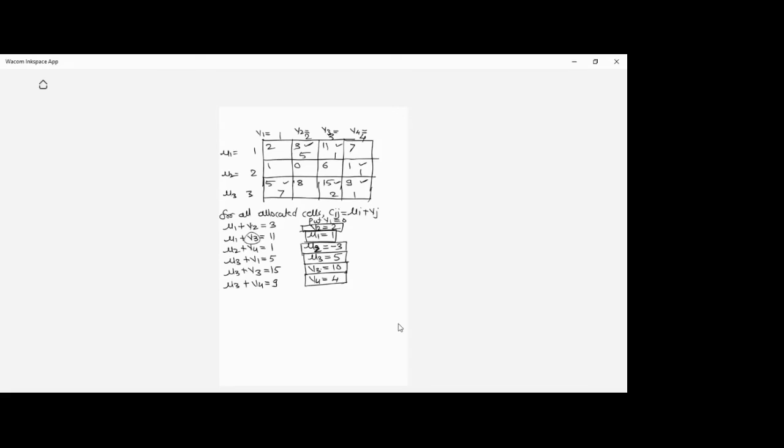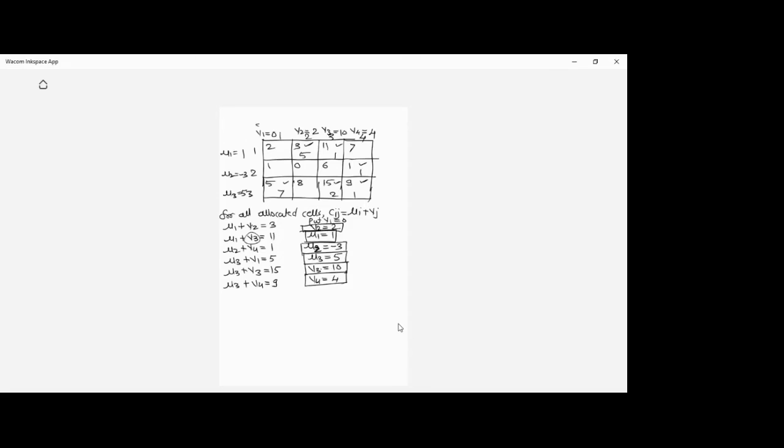Substituting all these values: U1 is 1, U2 is minus 3, U3 is 5, V1 is 0, V2 is 2, V3 is 10, and V4 is 4, right?